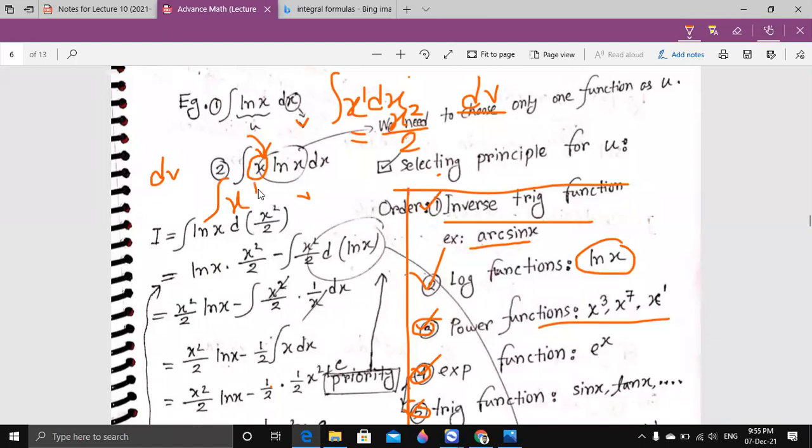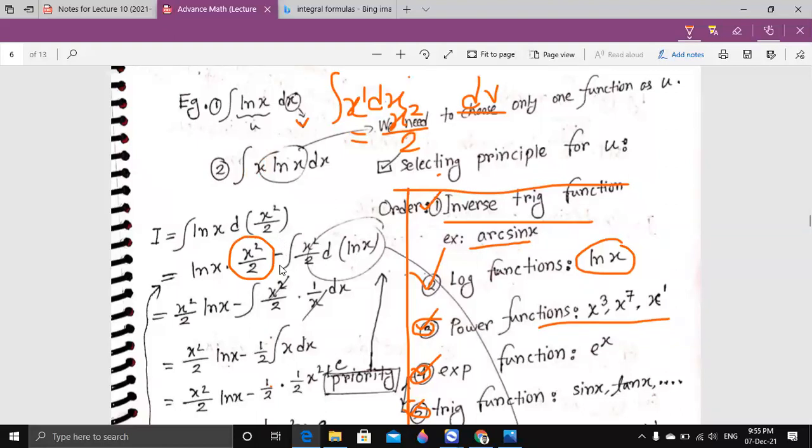So integration of x dx will be x square by 2, from the formula, because we just add one to the power and also divide by the new power. So the antiderivative of x will be x square by 2.